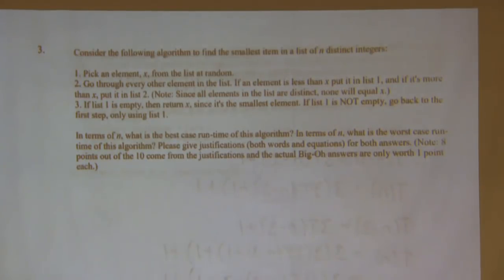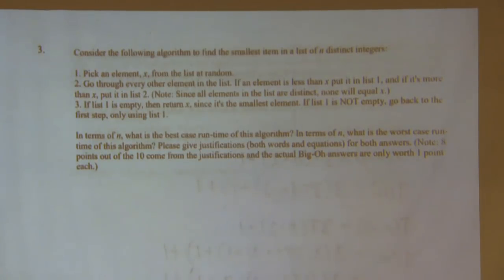And so we have this pretty useless algorithm right here where we're trying to find the smallest number out of all the numbers that we have in an array, right? All we do is pick a random element from the list, and then we hold on to two linked lists or two lists or whatever. And we say if the element that we're looking at currently is less than the random one we picked, it goes to the left list or list 1. And if it's greater than, we put it in the right list.